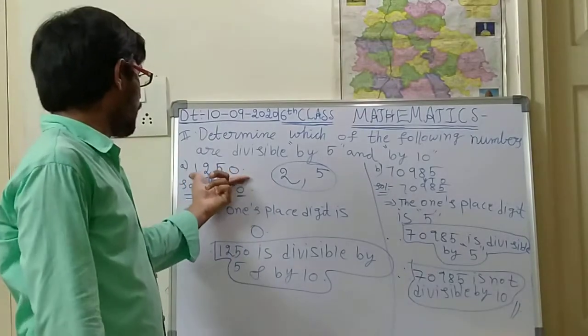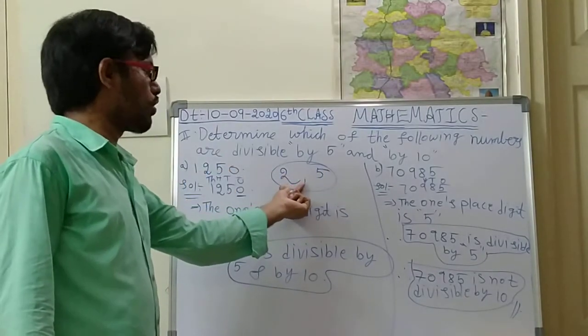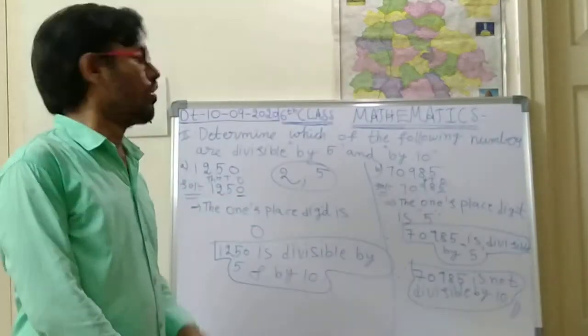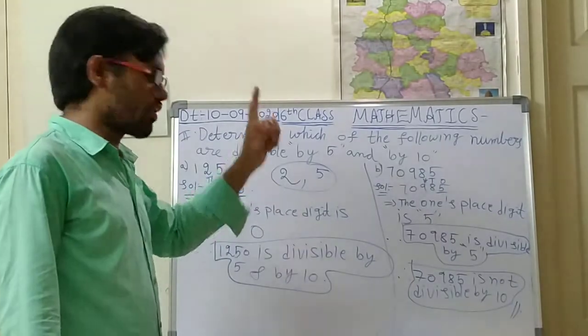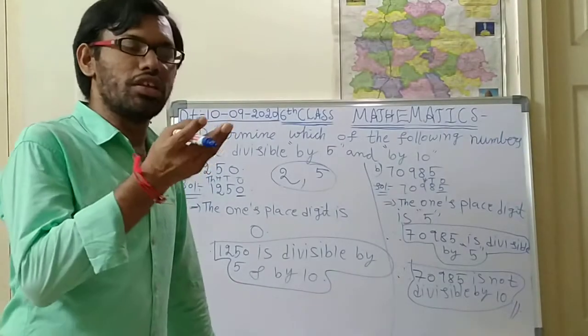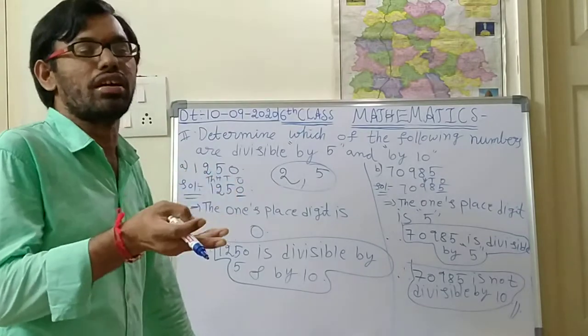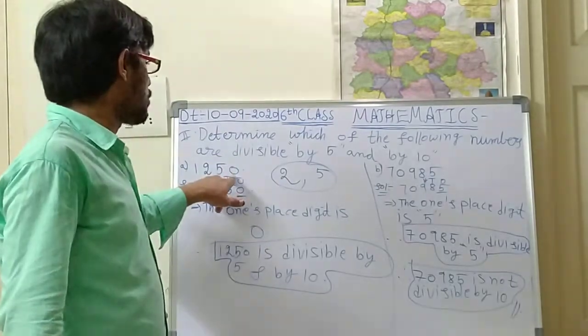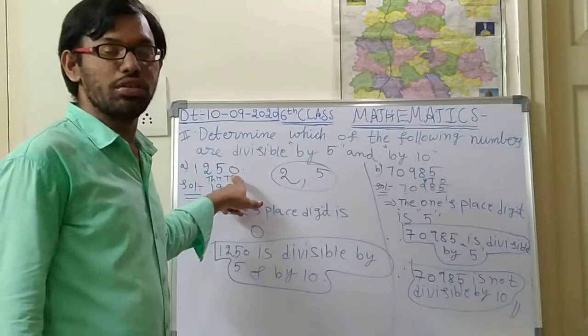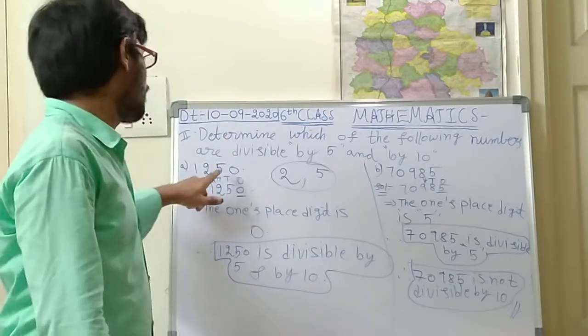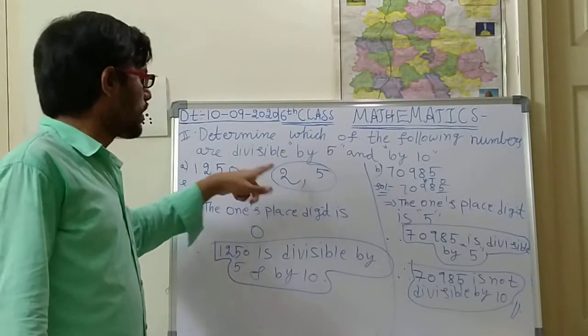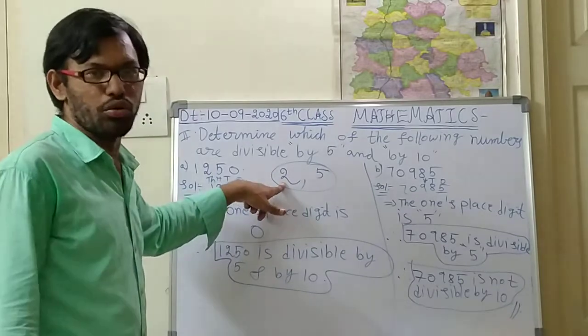That means you have to verify the number for the divisibility rule of 2 and the divisibility rule of 5. What is the divisibility rule of 2? The ones place digit should be 0, 2, 4, 6 or 8. That means 0 also should be there. If the ones place digit is 0, then it is also divisible by 2.